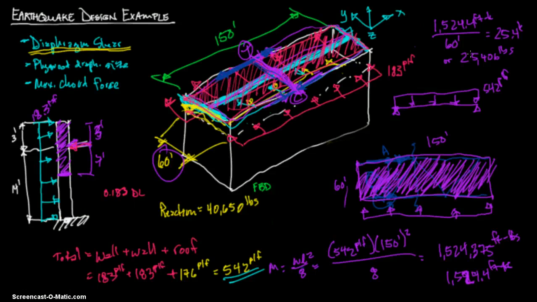And that is what we were trying to find for our maximum chord force. And just to reassert the fact that it can go in either direction, I'm putting all the forces in this direction to begin with. But remember, in an earthquake, the bottom will move. It'll create that force in one way, and then it brings it back the other way. So you'll see this relatively the same force, obviously.